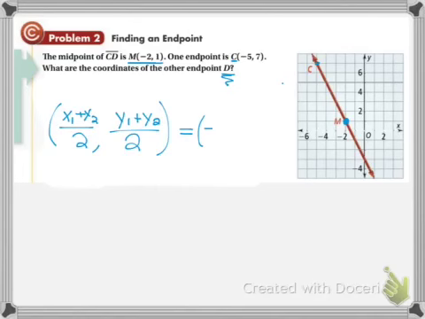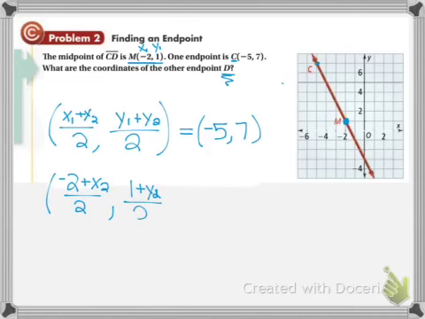Our midpoint in this case is at (-2, 1), and the known endpoint is C at (-5, 7). So I'm going to call point C, since that's the only one we know, our x1 and our y1, and substitute that into the equation. Instead of writing x1, I'm going to write -5 plus x2 over 2, and instead of writing y1, I'm going to write 7 plus y2 over 2.